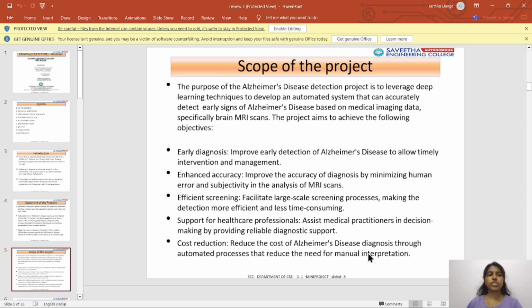The scope of the project is to create an automated system for detecting Alzheimer's disease using medical imaging data, specifically brain MRI scans. Our objectives include improving early diagnosis for timely interventions, facilitating efficient large-scale screening, supporting healthcare professionals in decision making, and reducing the cost associated with Alzheimer's disease diagnosis.